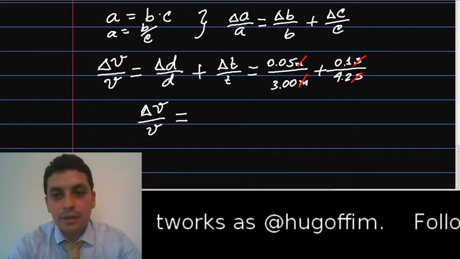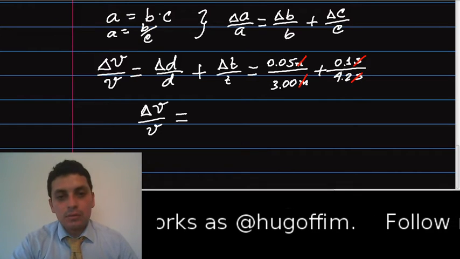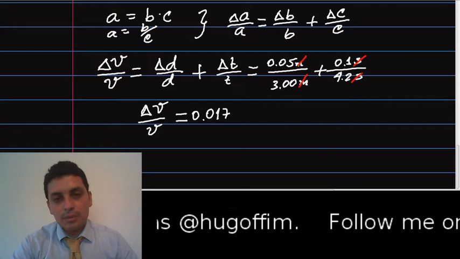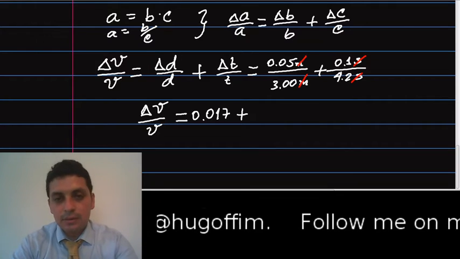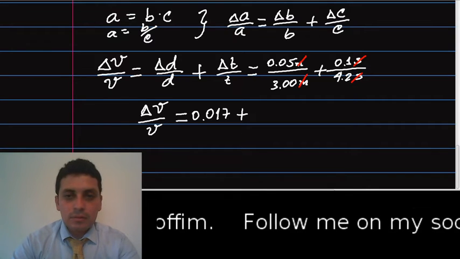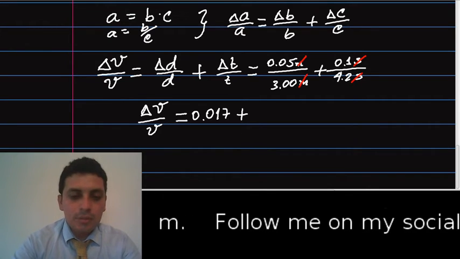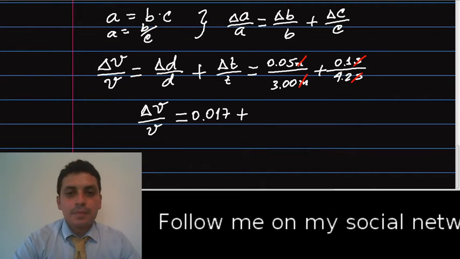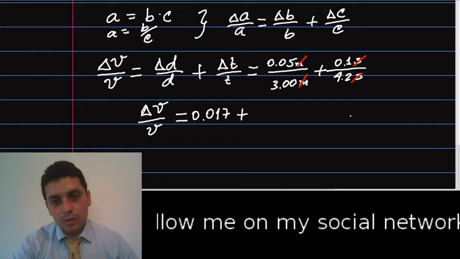0.05 divided by 3, so 0.0167, plus 0.1 divided by 4.2, 0.024.